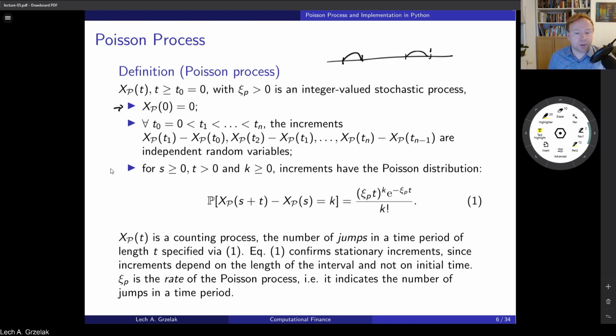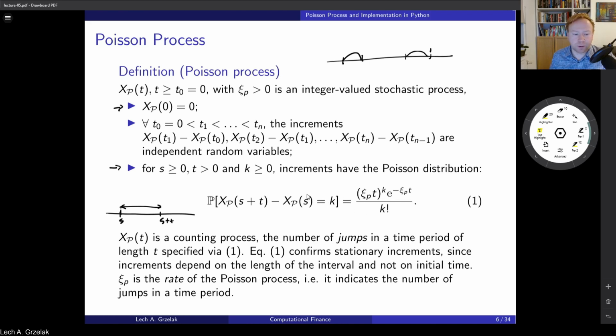And the third assumption is about the distribution. If we have two points, a point s and s plus t, the probability that we have exactly k jumps in this interval is given by the Poisson distribution.